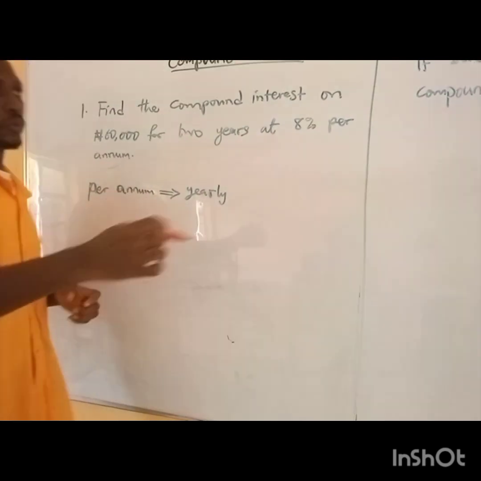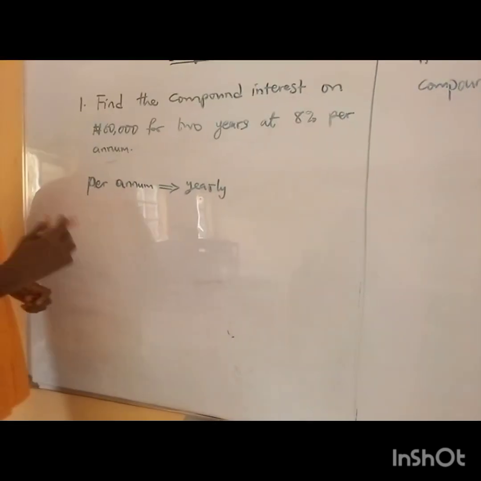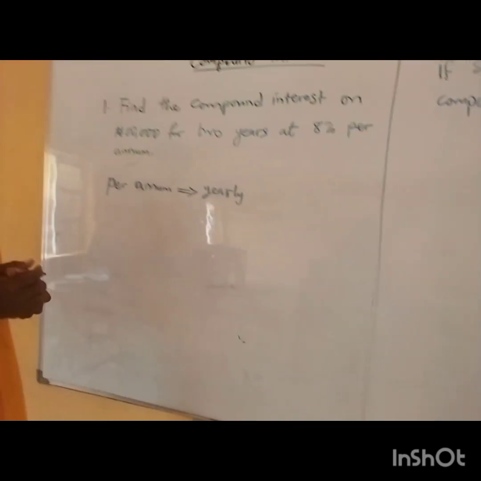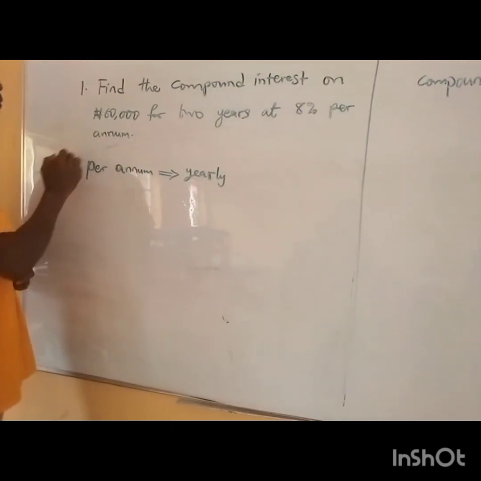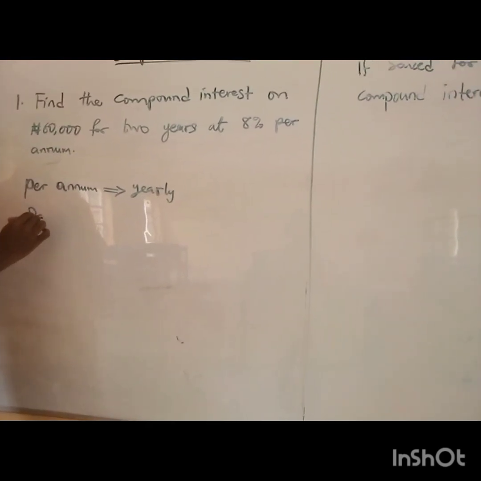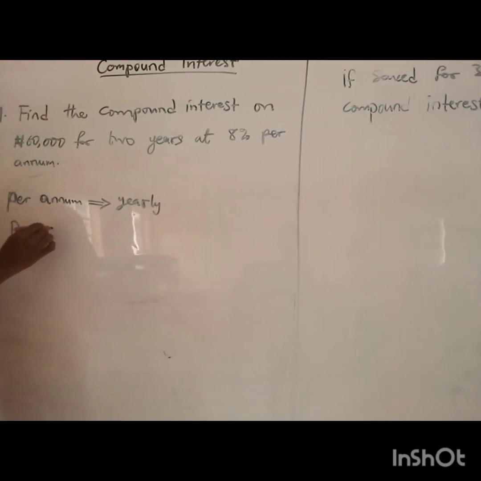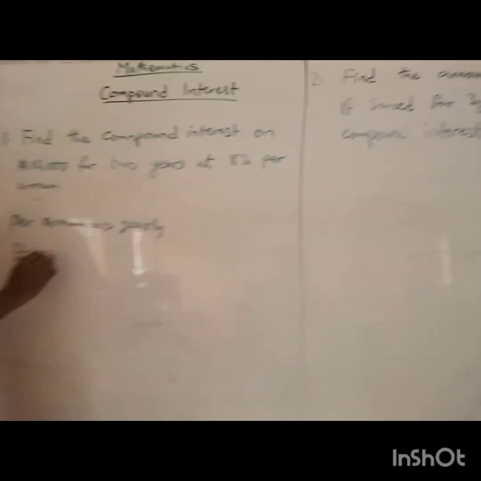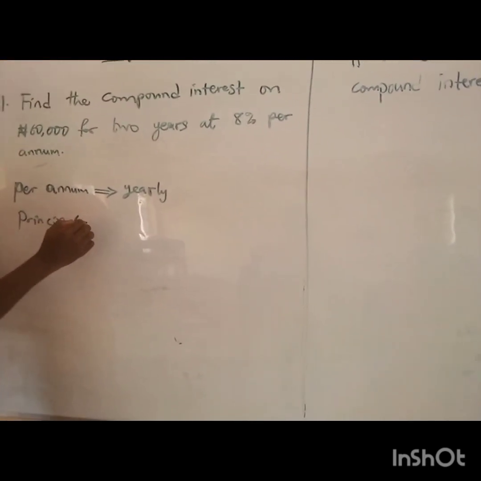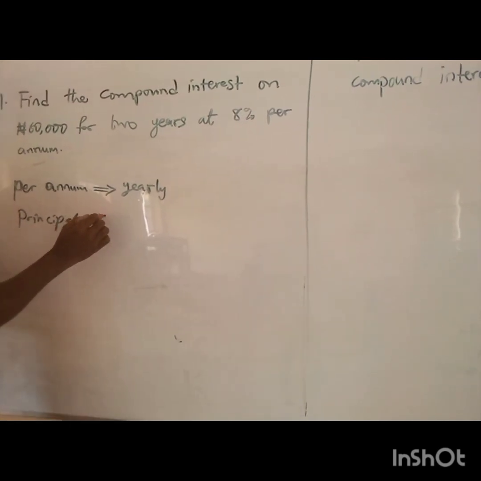So something that happens once a year, you say it's per annum. Now, for this, our principal is 60,000 naira.